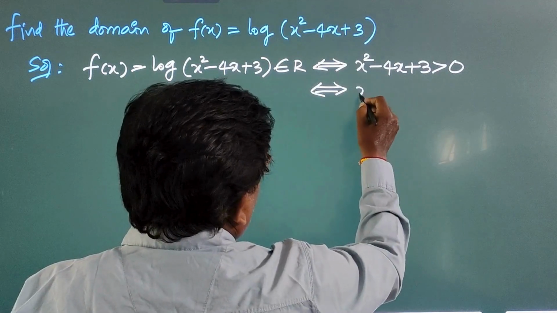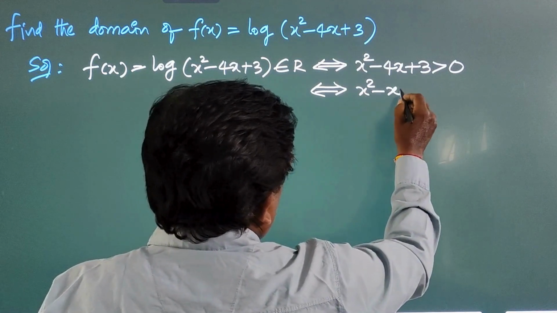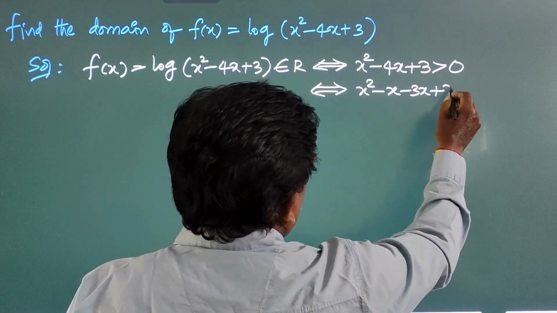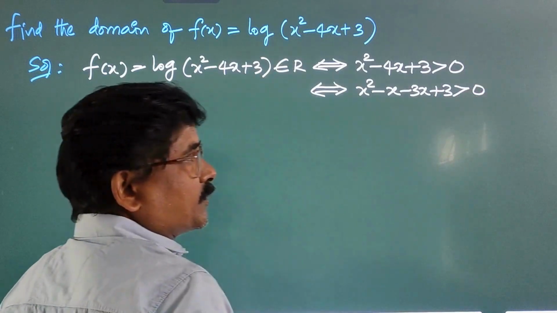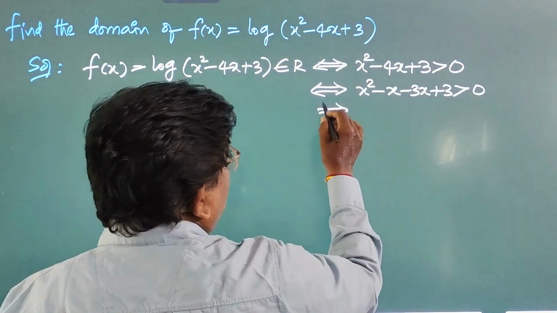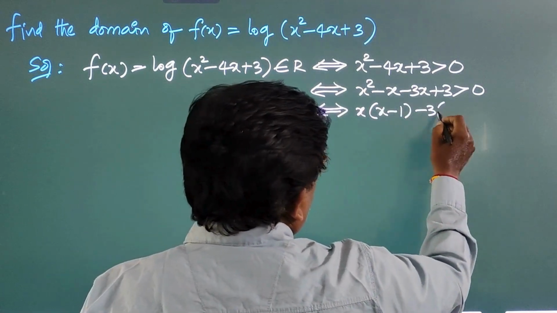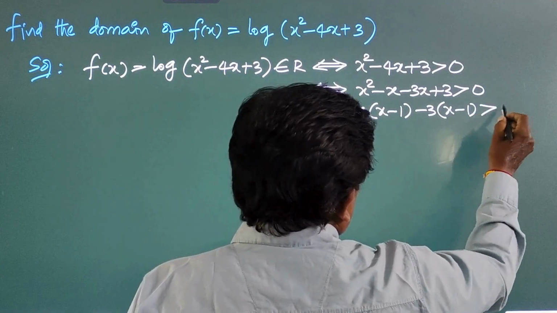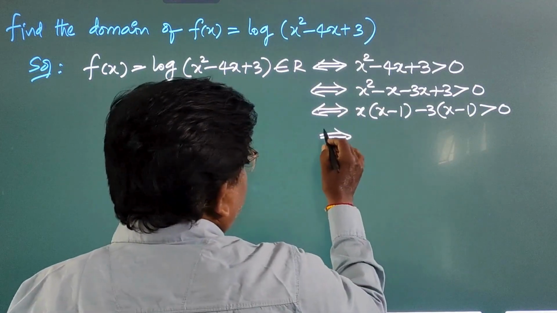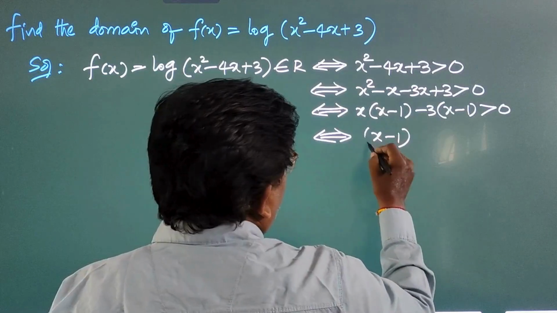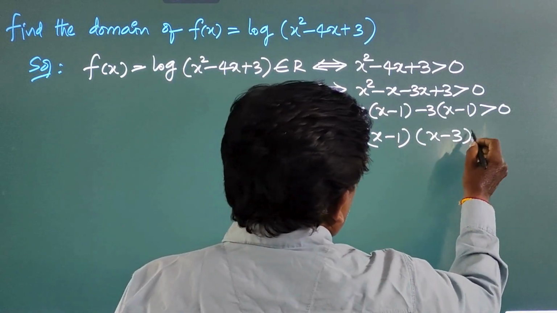Here minus 4x can be expressed as minus x minus 3x, plus 3, is greater than 0. Now, here x is common, x minus 1. Here minus 3 is common, x minus 1 is greater than 0. This implies x minus 1 is one factor, x minus 3 is another factor.